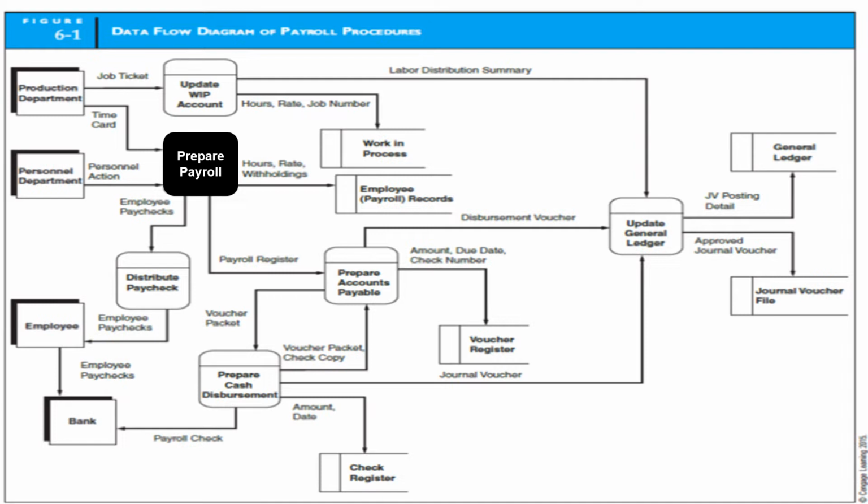And then also from the production departments, we receive the time card, recording the time spent, and the production department will also send the job tickets to update the work in progress account, stating the hours, rate and job numbers, and this will also be recorded in the work in process file, and also sent to update the general ledger, to update the labor distribution summary, just to update the liability of the company for the time on the job ticket, or the time that the employees worked.